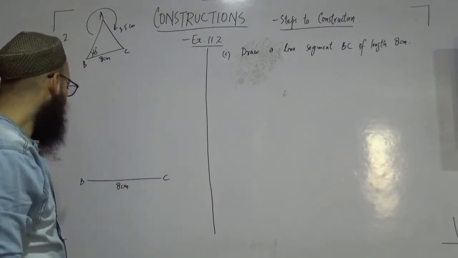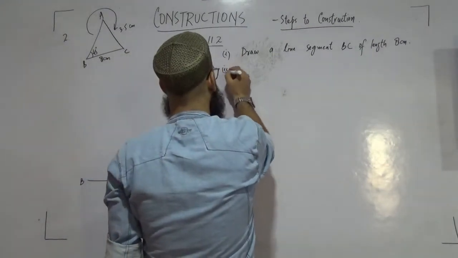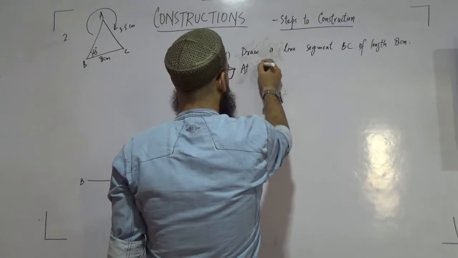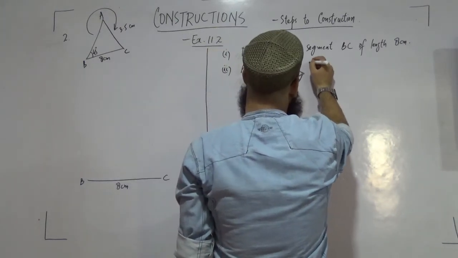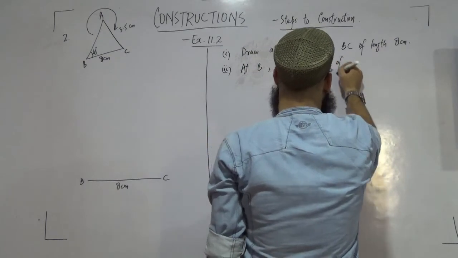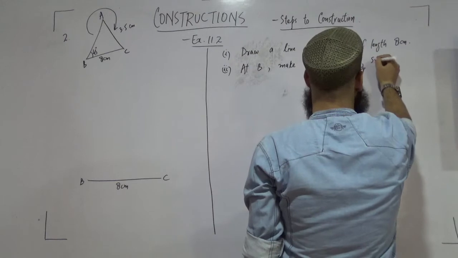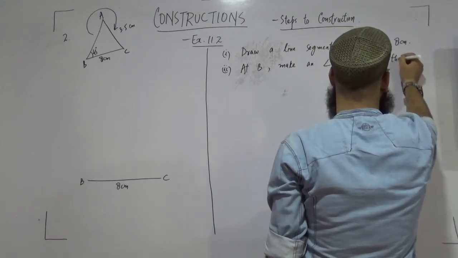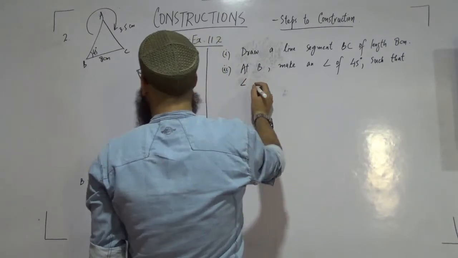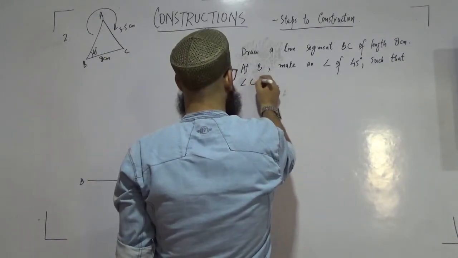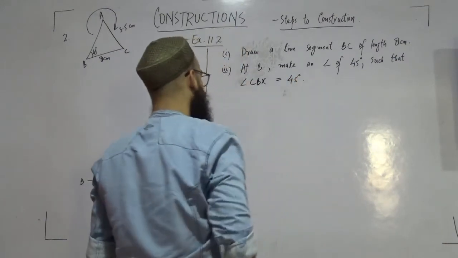8 centimeter. At B, make an angle of 45 degree such that angle CBX is equal to 45 degree.